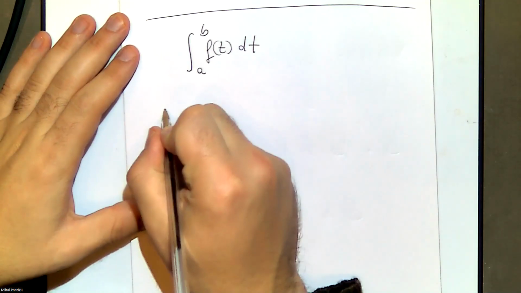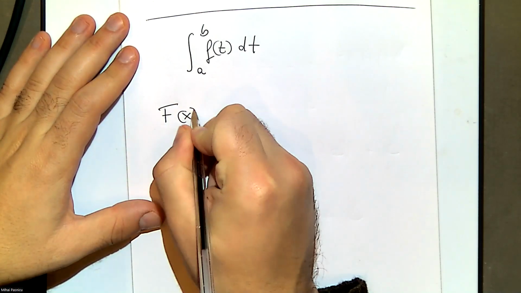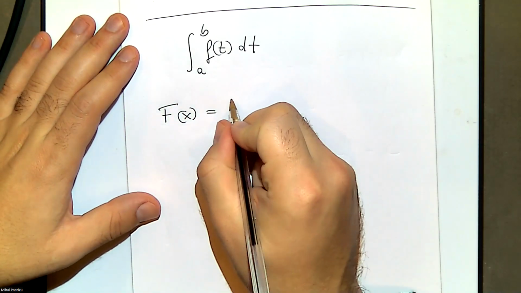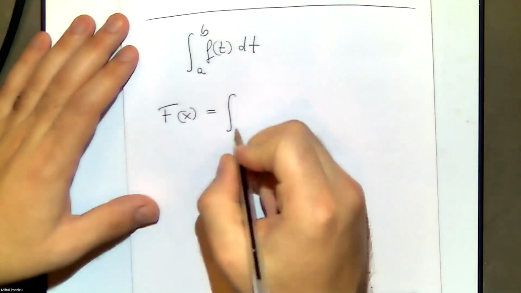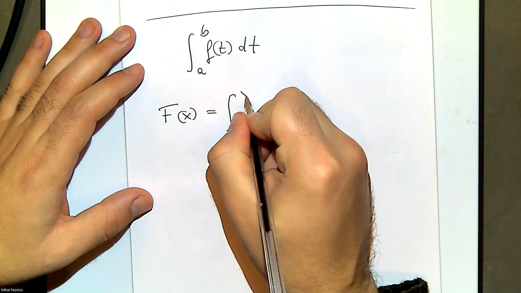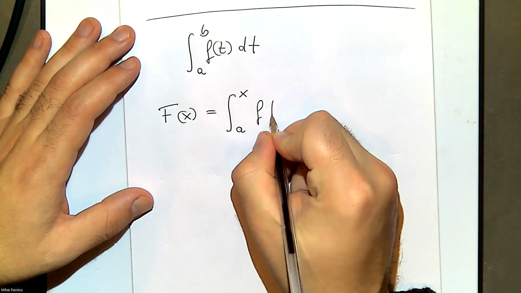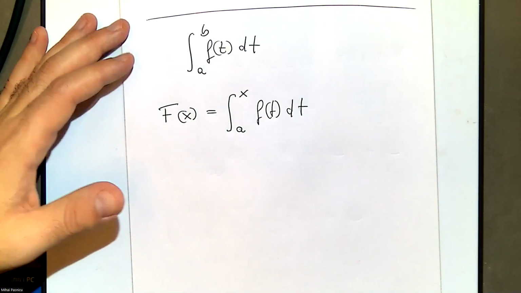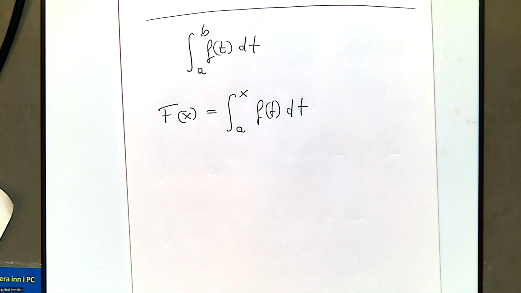I'm just going to define big F of x equal to the integral from a, or 0, or whatever number you want, to x of f of t dt. Take note of the notation, because this is going to be on your mandatory assignment.